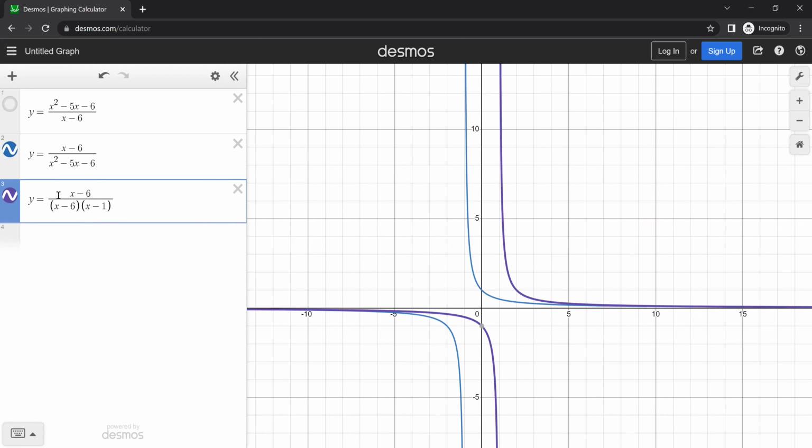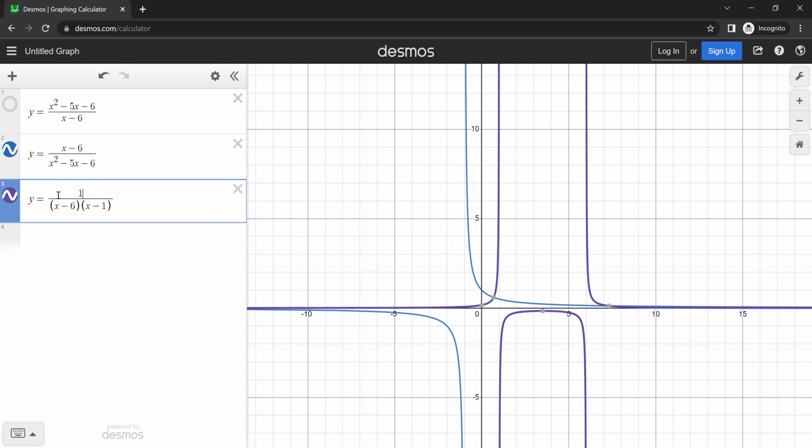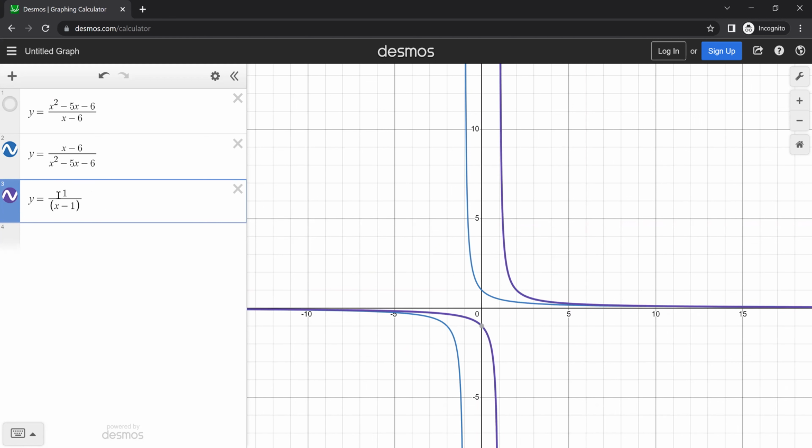So the x minus 6's cancel. Instead of just deleting them, I'm going to put a 1 here and a 1 there.